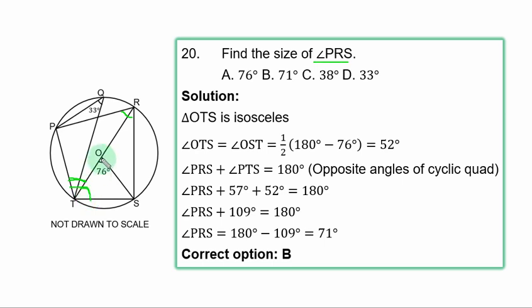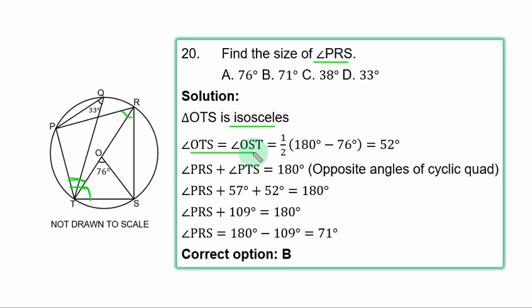In triangle OTS, we can get angle OTS because OT and OS are equal radii. That means triangle OTS is an isosceles triangle. So the base angles are equal.